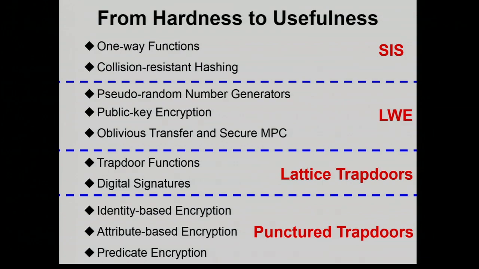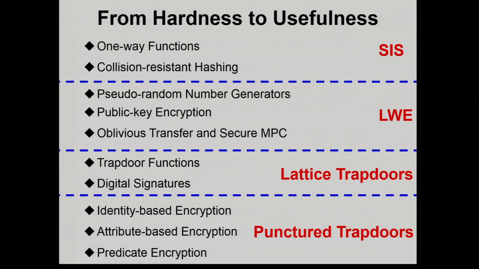The third is a notion of trapdoors for lattices, and how you generate them and how you use them. And number four, even better: as you go down the list, the objects become harder to construct and more useful. The last technique that I want to tell you about is the notion of punctured trapdoors.